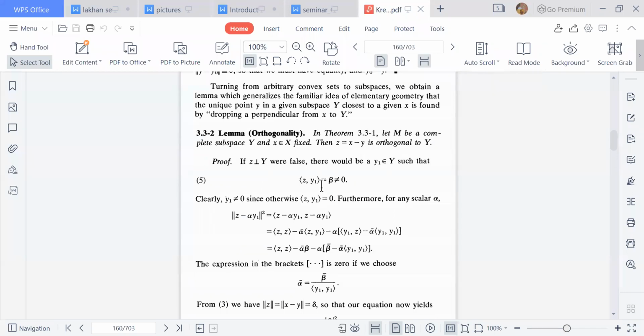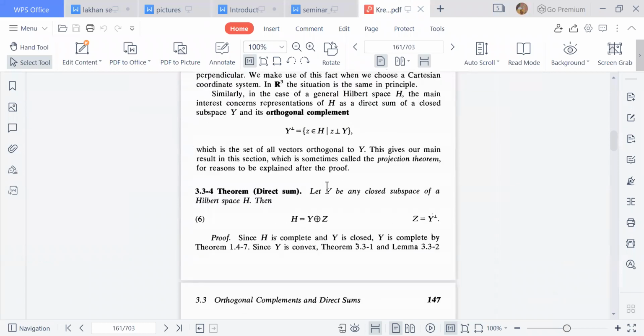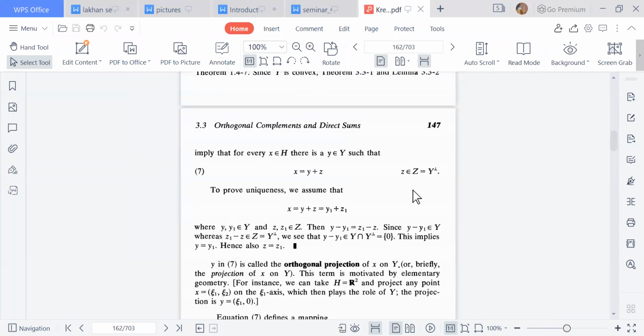It means that z is orthogonal to every element in Y. Here z belongs to capital Z. It is orthogonal to every element in Y. It means that z is orthogonal to set Y, so that it belongs to complement of Y. That is, capital Z is equal to Y complement, because z is any element in capital Z and it is orthogonal to every element in Y. So that capital Z is equal to Y complement by the previous theorems.